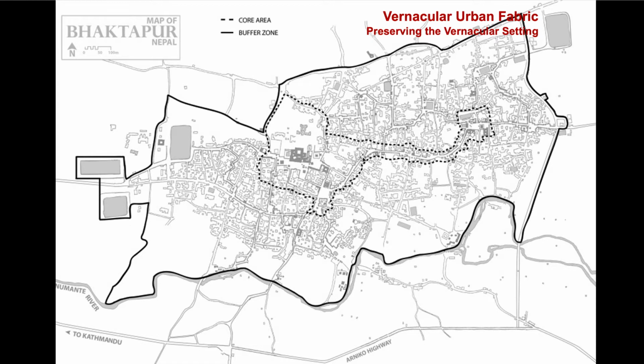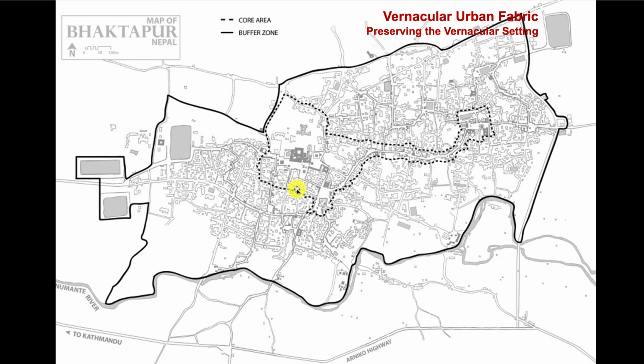So UNESCO extended the buffer zone boundary from this boundary to this boundary, pretty much going around and containing the entire boundary of the traditional town as the buffer zone. And then the original buffer zone, or the original monument zone, was considered the core area.